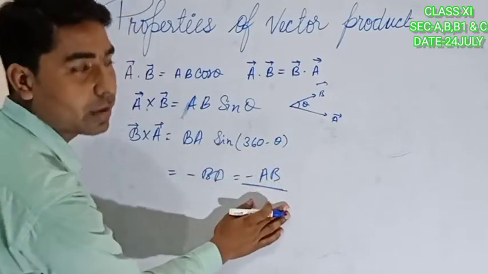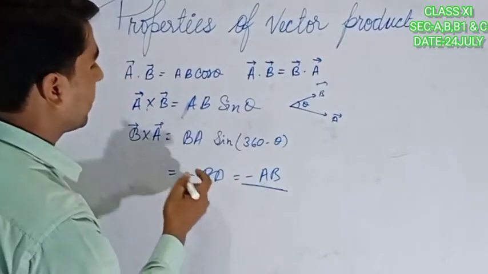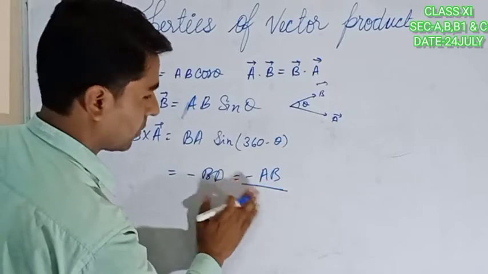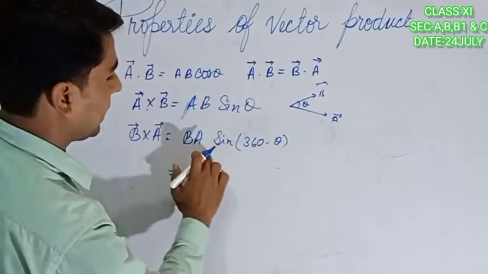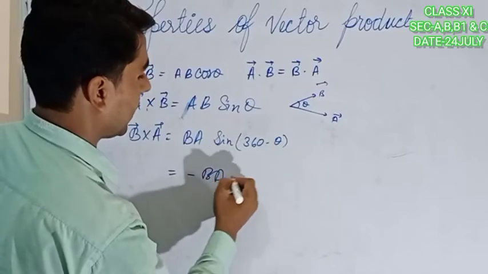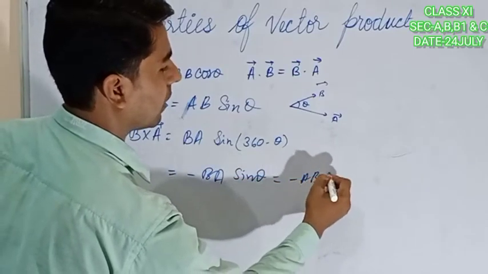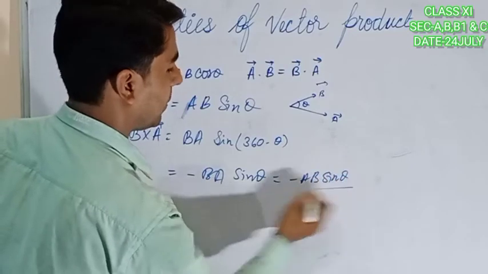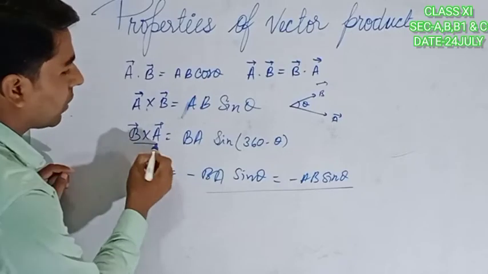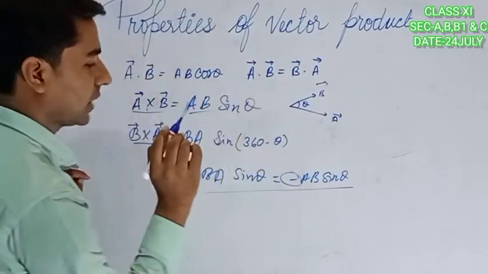Remember, this is magnitude. It's not a vector quantity right now here. So what you are getting is BA sin of 360 minus theta, which is minus BA sin theta, or minus AB sin theta, whatever you say. So it is very clear that in B cross A the minus sign is coming, and in A cross B no minus sign is coming.